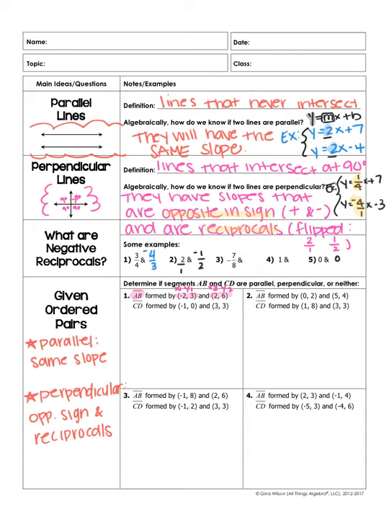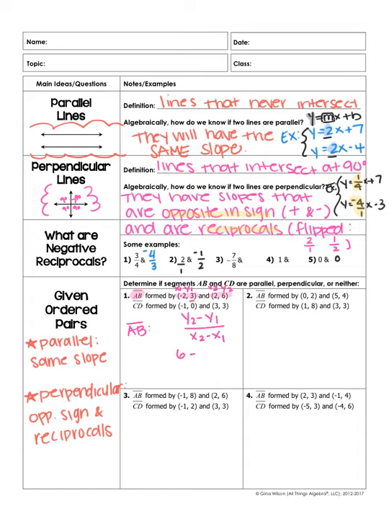Remember, our slope formula is y2 minus y1 over x2 minus x1. If I plug everything in, just follow what you labeled. We labeled y2 as 6, so this is for AB.